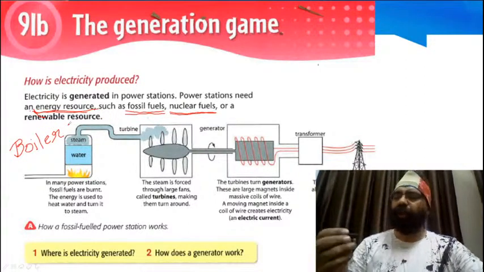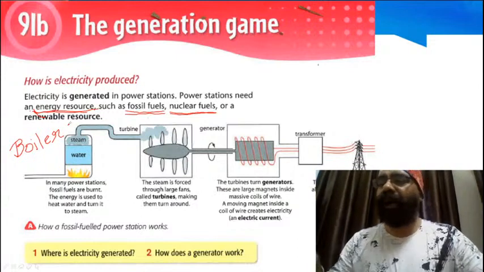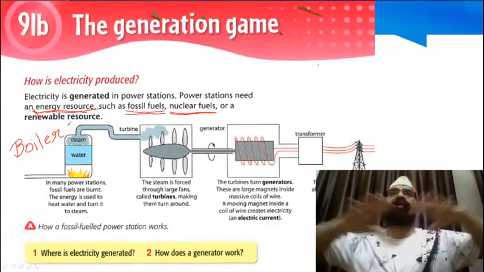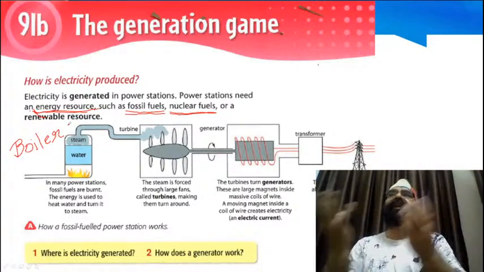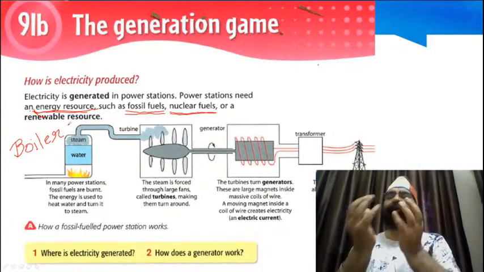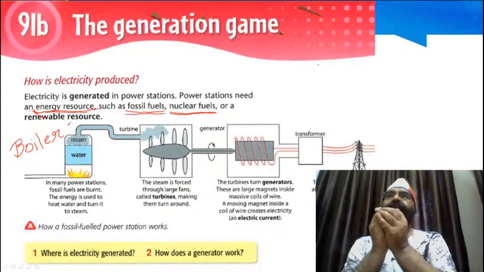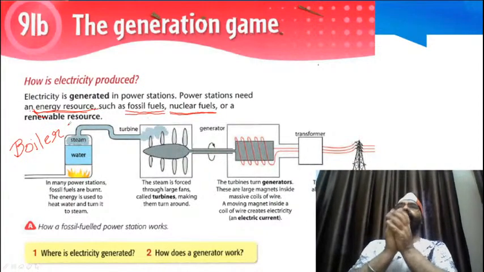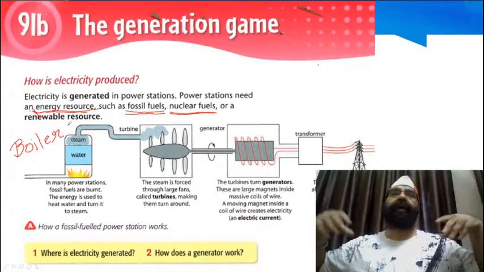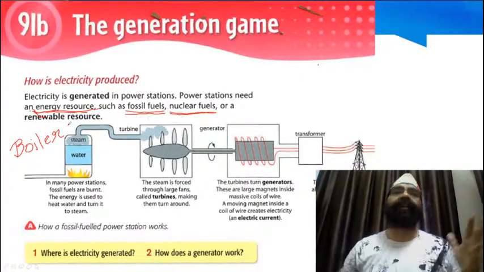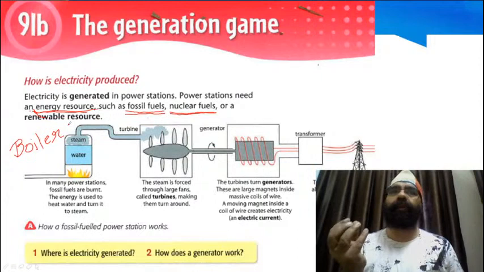Got it? Now steam, we know that the gaseous state occupies a larger volume, it spreads out. When we cool things, they condense, which means they become smaller in size. On the other hand, when I heat them, they expand, and when they turn into gas, they occupy whatever space is available to them.